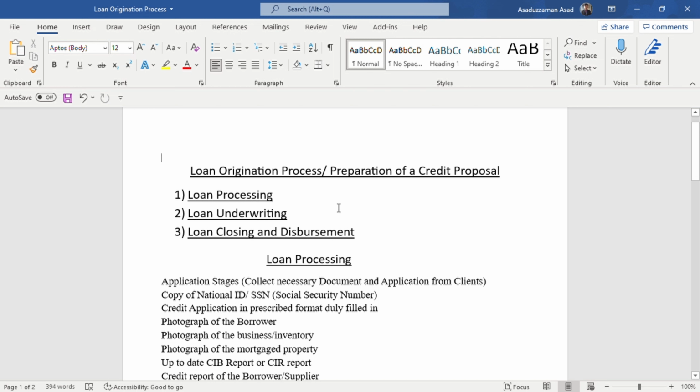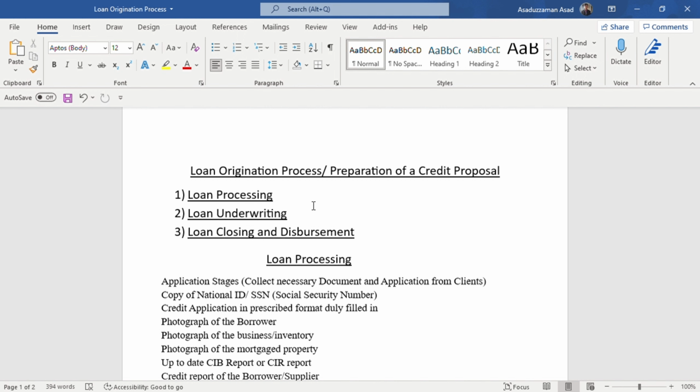Today, I would like to describe the loan origination process, or preparation of a credit proposal. As an investor, you would hire a loan officer.